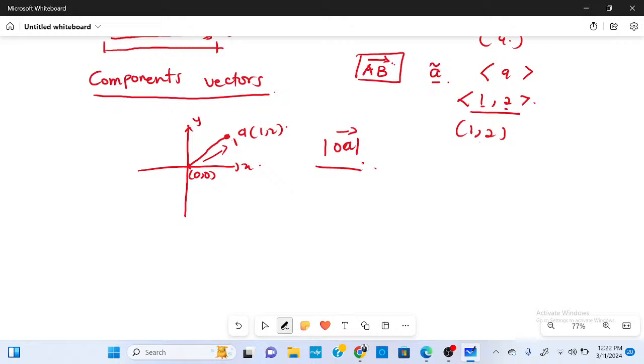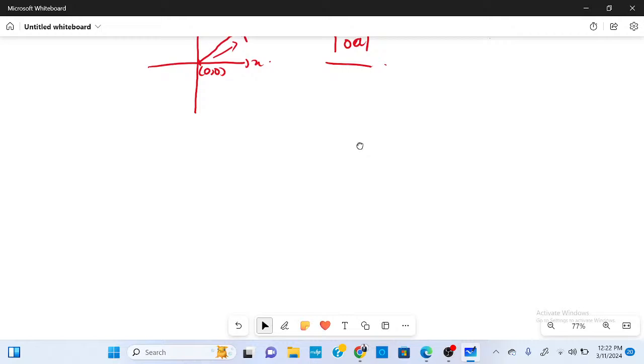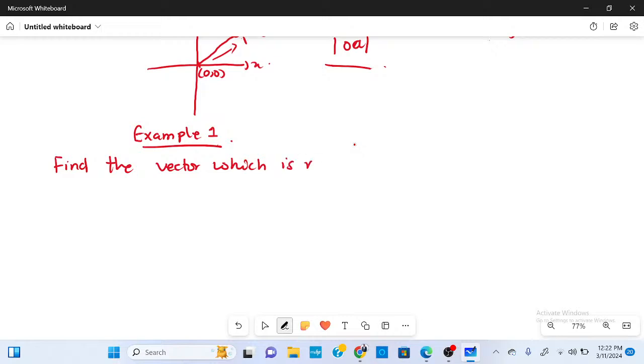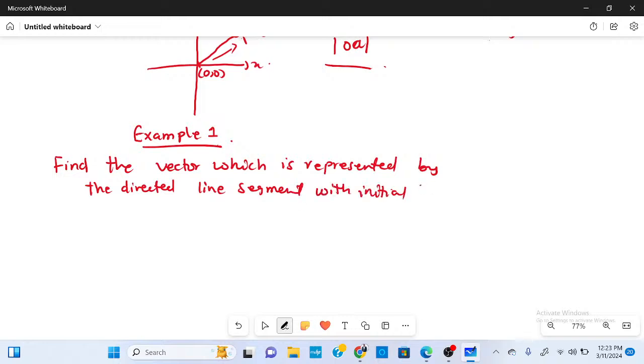So our first example, example 1, says: find the vector which is represented by the directed line segment with initial point A, which is (1, -1, 2), and terminal point B. Analyze this problem.